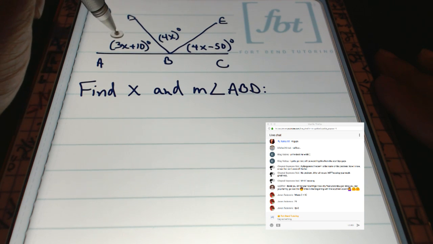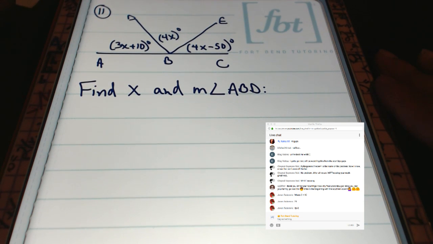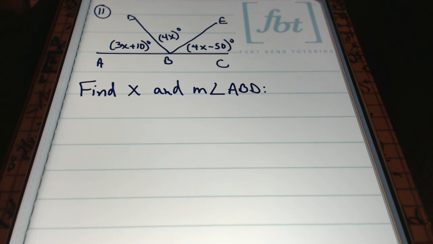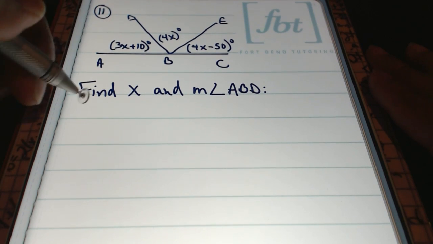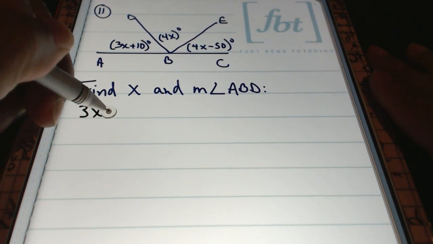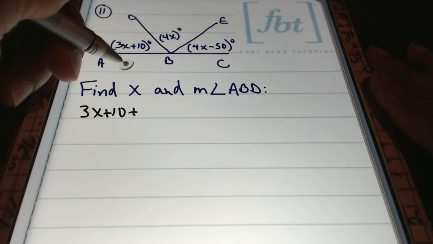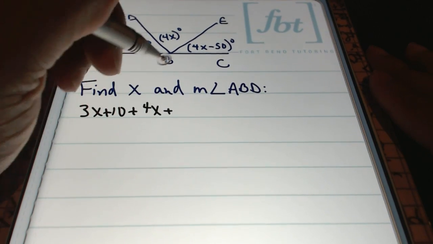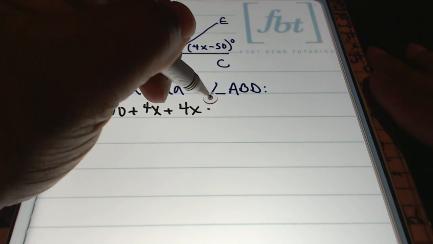They want us to find what the result of 3x plus 10 would be. But of course, we need to find the value of x first, and we can do that by setting up an equation. So we're going to have the 3x plus 10, this angle, plus our next angle, which is 4x, plus the third angle, which is 4x minus 50.